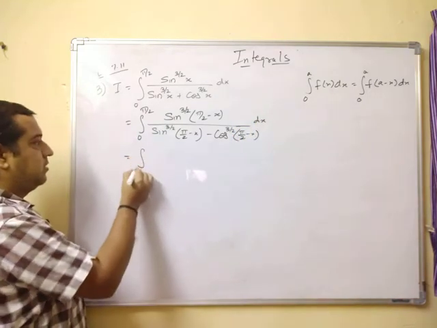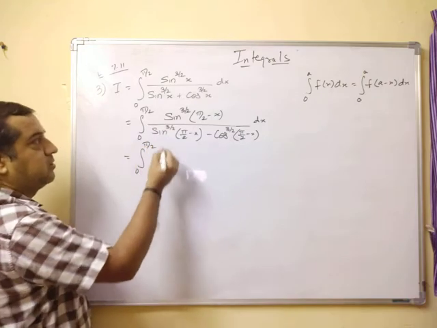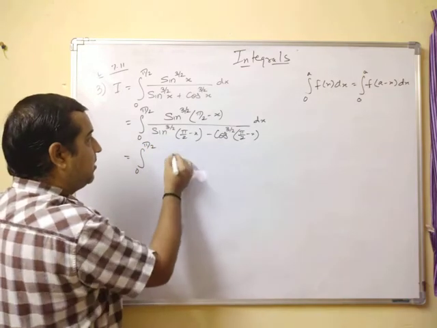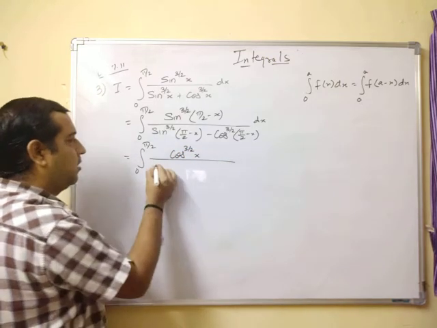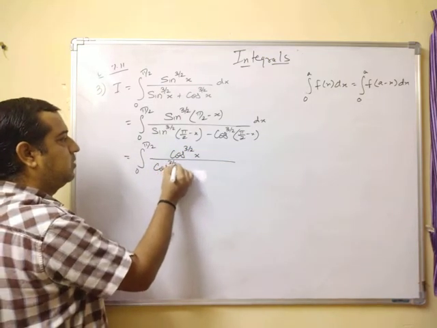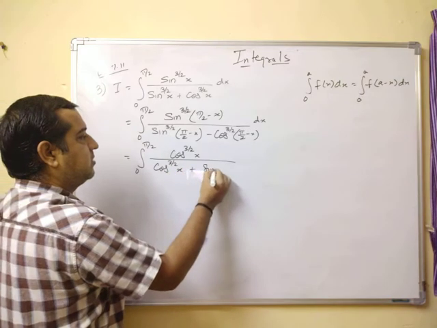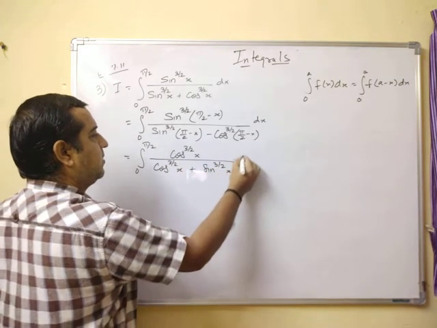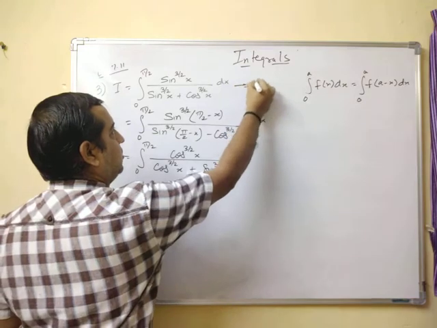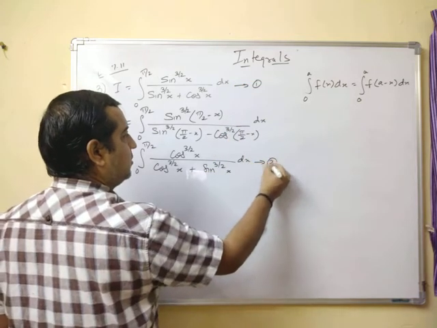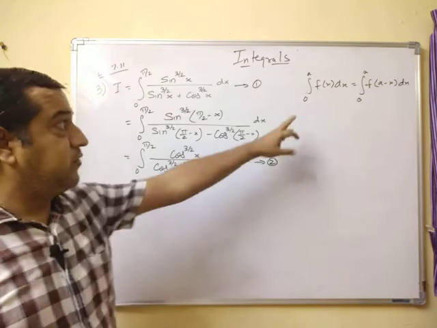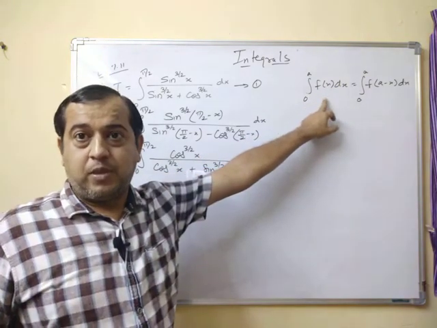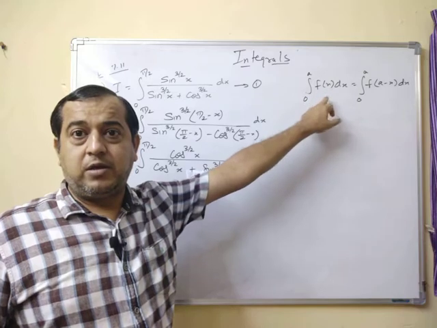Okay, this gives you integral from 0 to pi by 2, sin of pi by 2 minus x gives you cos raised to 3 by 2 x. In the denominator also you get cos raised to 3 by 2 x plus sin raised to 3 by 2 x dx. This question was your equation 1. This is equation 2. Okay, what we have done till now, we have used property P4.